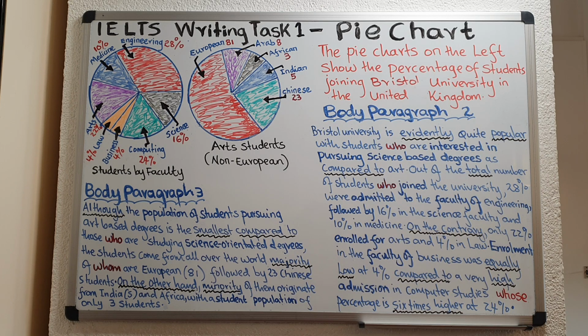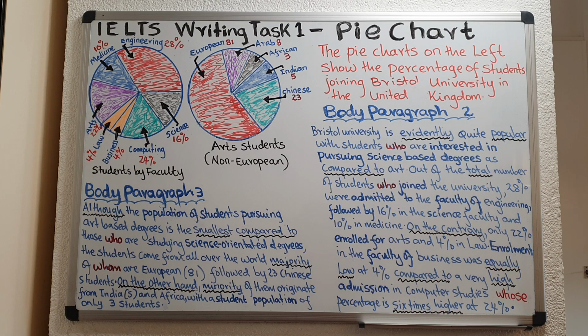Where do they come from? So once you have interpreted the pie charts based on the information that has been provided to you by IELTS, which is in red, the pie charts on the left show the percentage of students joining Bristol University in the United Kingdom. Once you have done that, then you write your introduction.